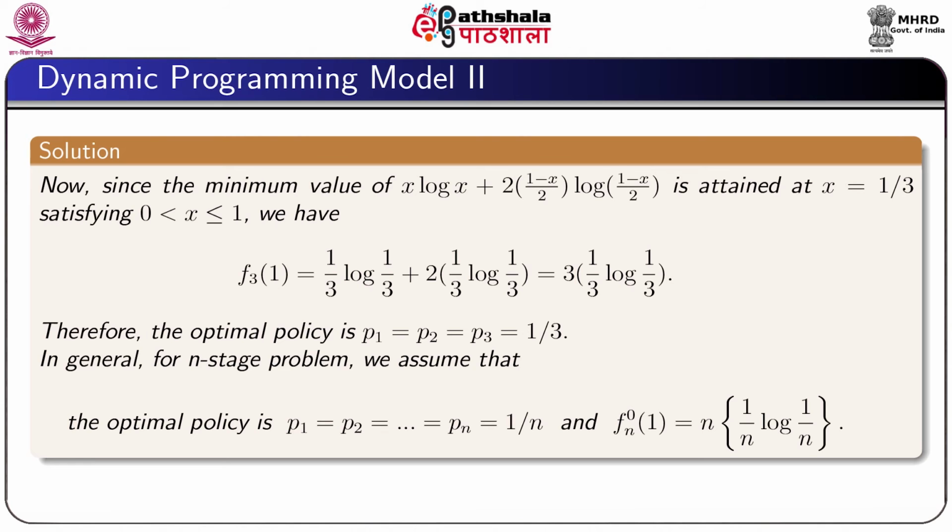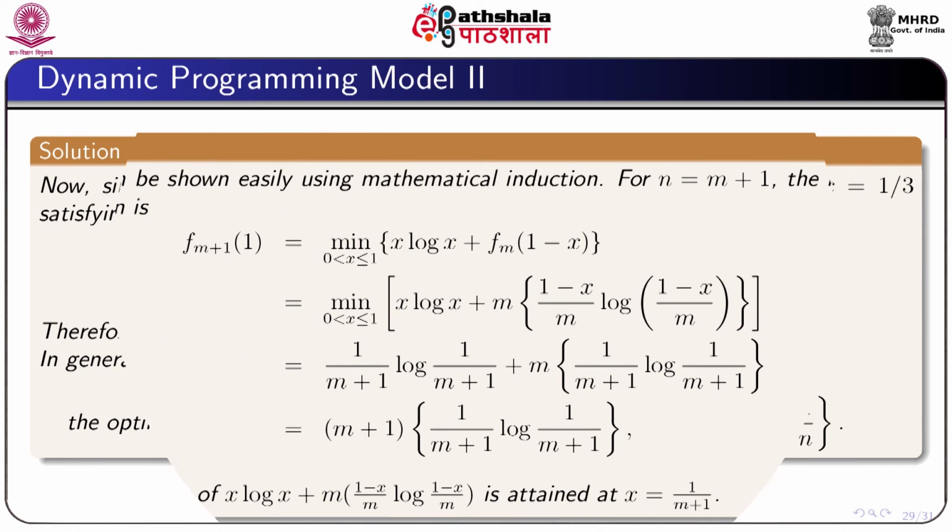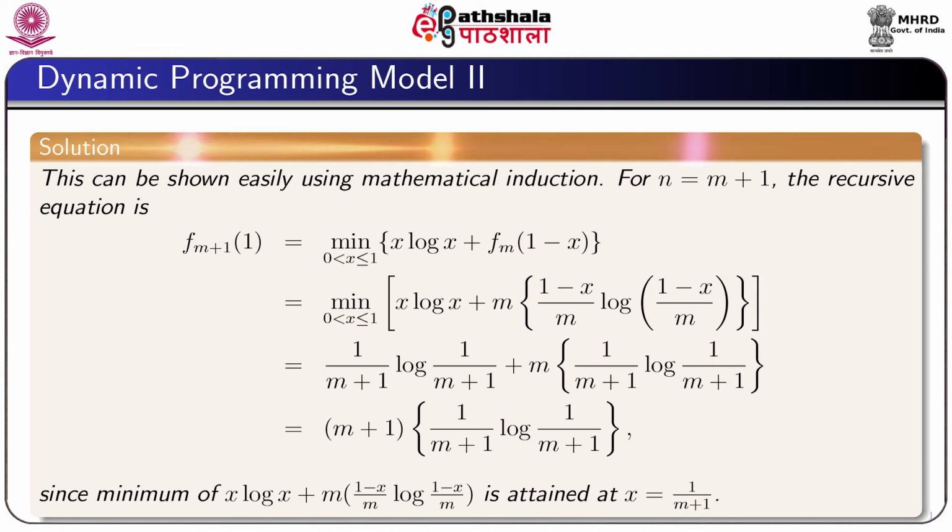In general, for n stage problem, we assume that the optimal policy is p1 equal to p2 equal to ... equal to pn equal to 1 by n, and the minimum attainable sum is equal to n into 1 by n log 1 by n. This can be shown easily using mathematical induction.